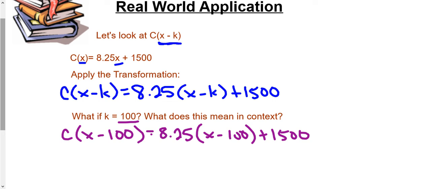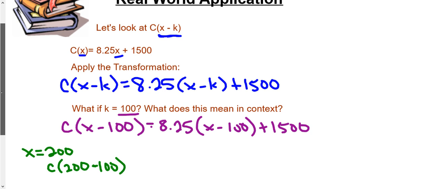So if we take a look at what this means in context, if I, for example, make 200 books, if that's what I'm printing today, I'm going to have C of x minus 100, so I'm going to have C of the 200 books I'm printing minus the 100 books that I am subtracting because of k, right?